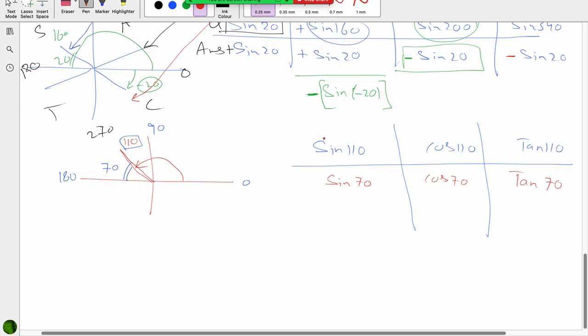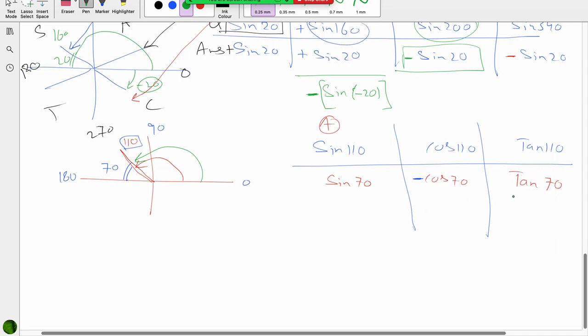Now just tell me, for the first case, for case A, do I need to put a positive negative sign? No. Cos of 110. Yes. Tan of 110. Okay, just tell me, is tan 110 positive or negative?